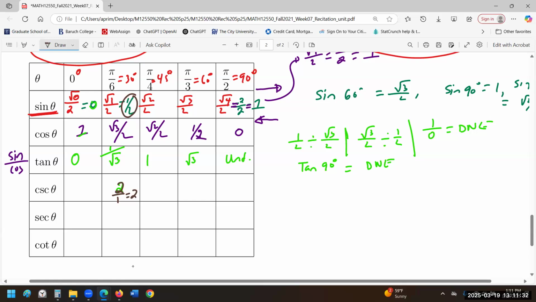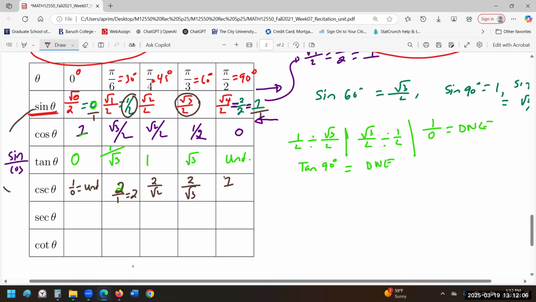If you flip root 3 over 2, it becomes 2 over root 3. And here we have 1/1, so if you flip, it still becomes 1. Root 2 over 2 becomes 2 over root 2. And then we have 0/1. It becomes 1/0. But we have no idea what is 1/0. So this becomes undefined.